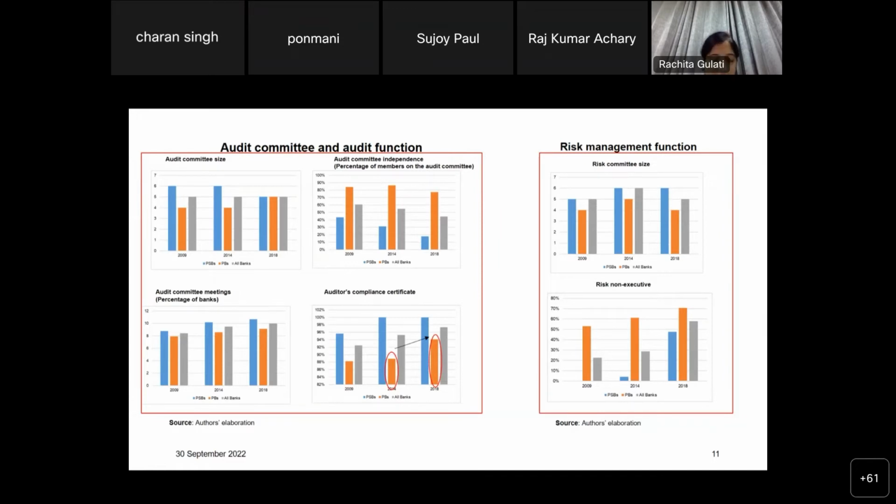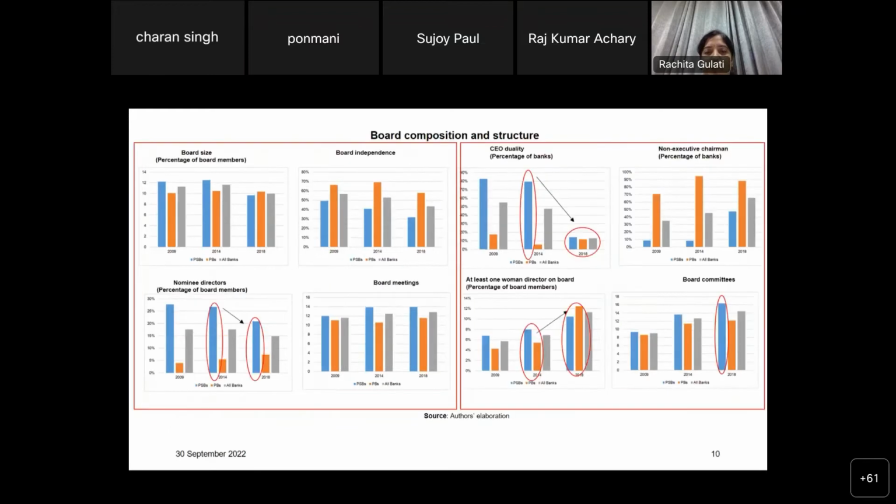Regarding risk governance, the consultative group of directors of banks and financial institutions in 2002 recommended that each bank should constitute a standalone board level risk management committee, and accordingly the risk management committee is being constituted.